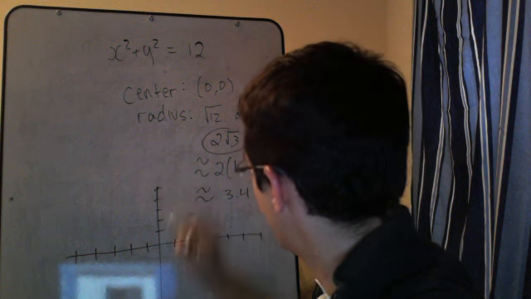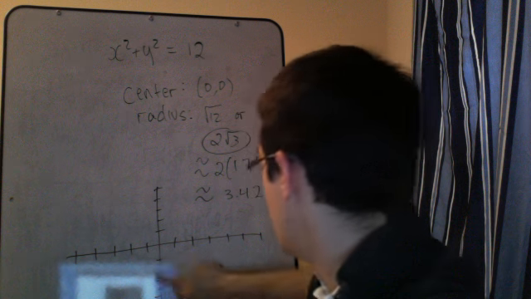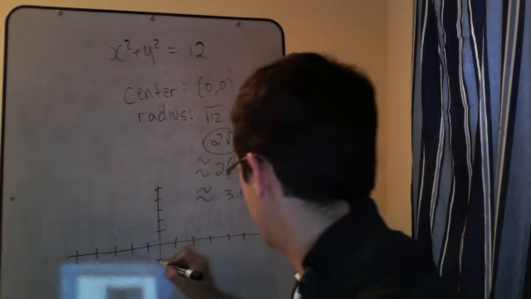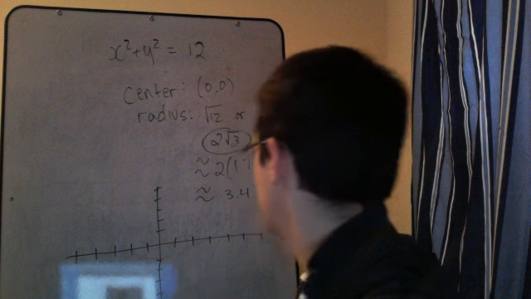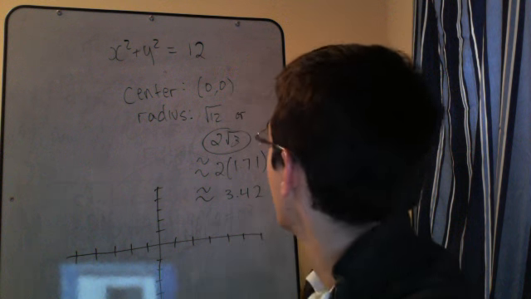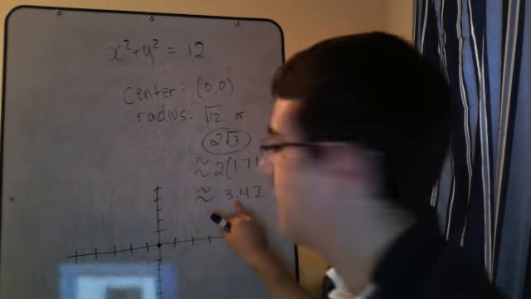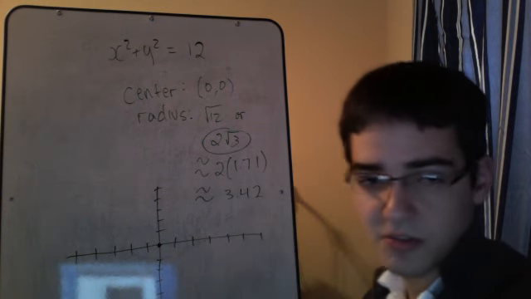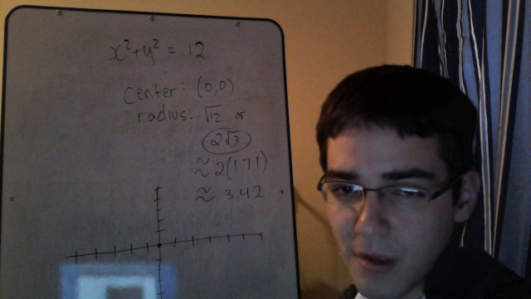3, 4, 5. 1, 2, 3, 4, 5. Now, again, what I just did would not give us a nice circle. So 0, 0, and you're just going to go about this far. When they tell you to sketch it, just 3.42, so go about 3.5.